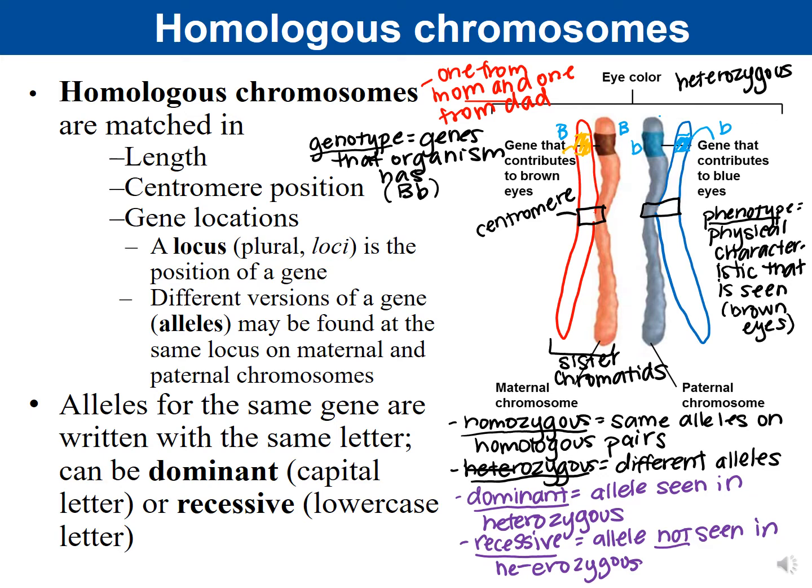And this is why if you ever think about if you know people who have two parents with brown eyes, is it possible for two parents with brown eyes to have a blue-eyed kid? And if you've ever seen this, which actually does happen, right? The answer is yes, that does happen.